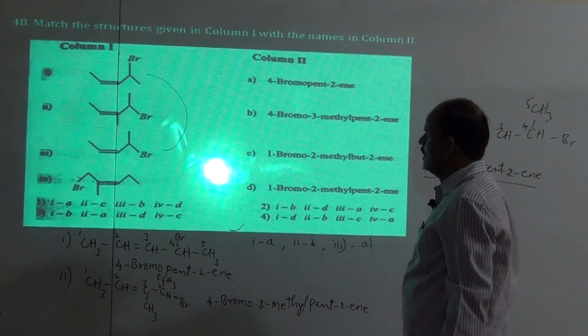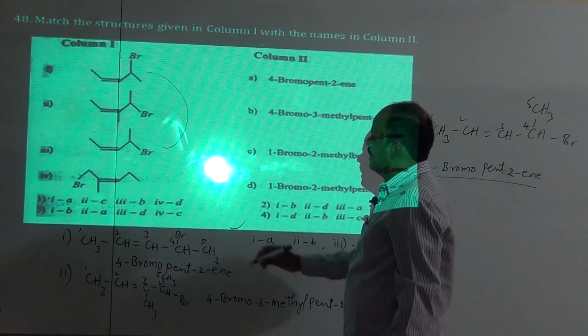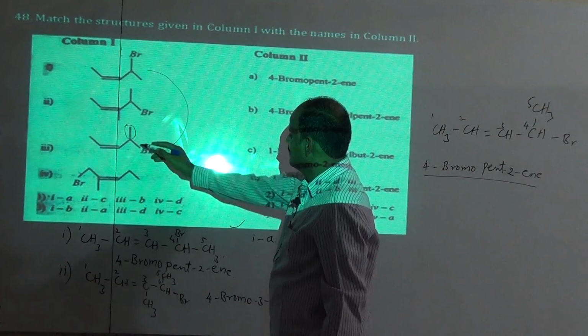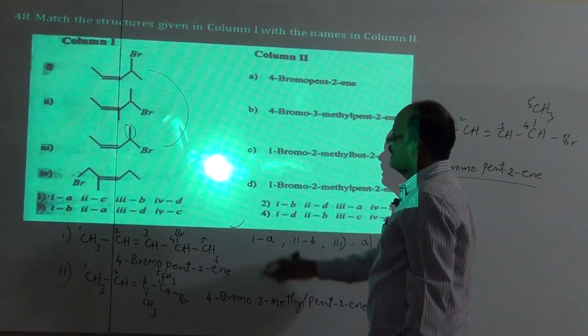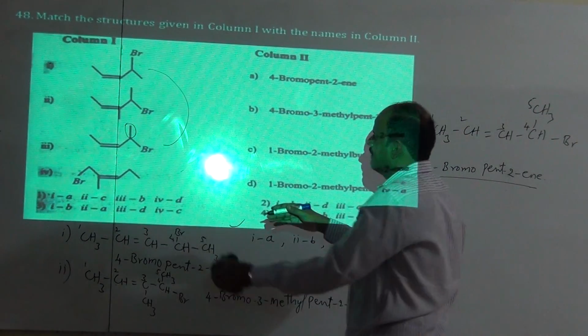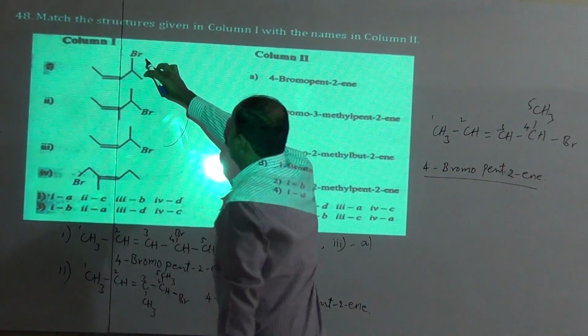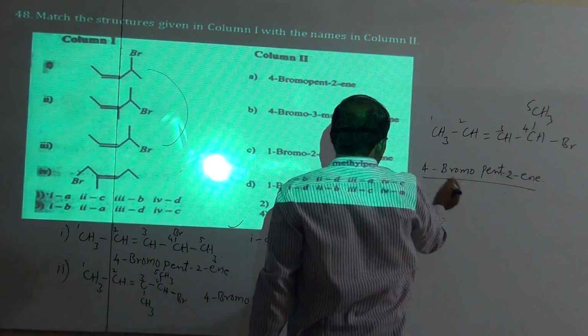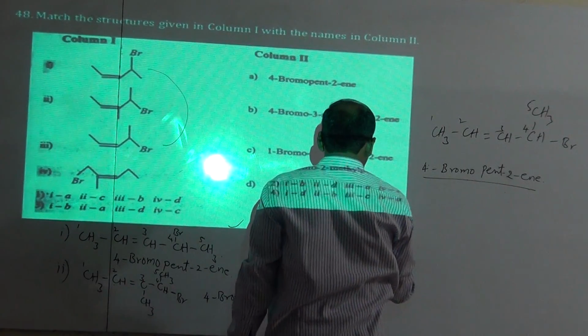Otherwise it would become another compound, but they gave the same compounds, hence these two options have the same name, 4-bromopent-2-ene, that is, third is also A.